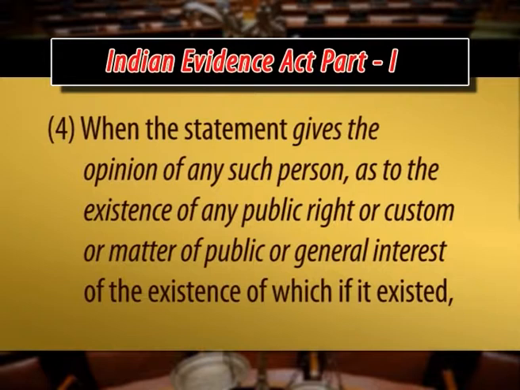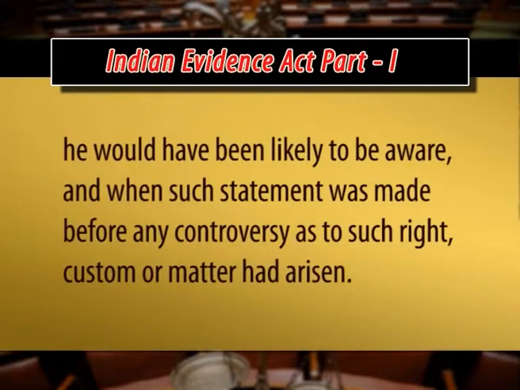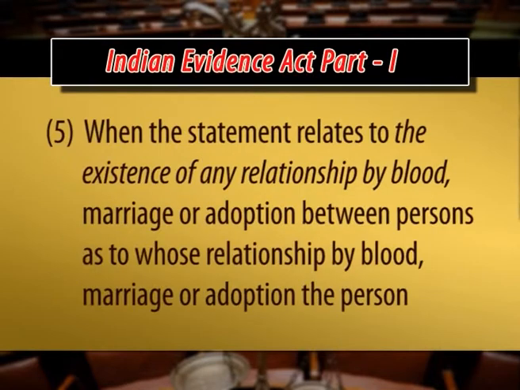4th. When the statement gives the opinion of any such person as to the existence of any public right or custom or matter of public or general interest of the existence of which, if it existed, he would have been likely to be aware, and when such a statement was made before any controversy as to such right, custom or matter had arisen. 5th.